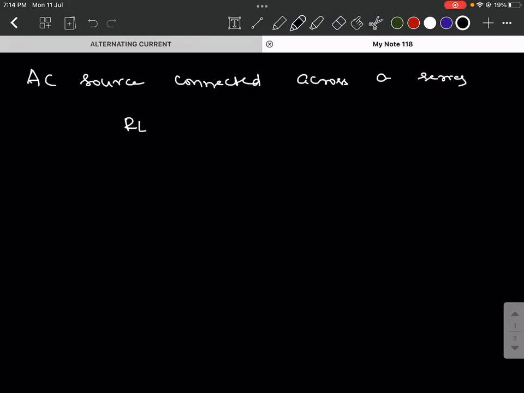Okay. AC source connected across a series RL circuit.